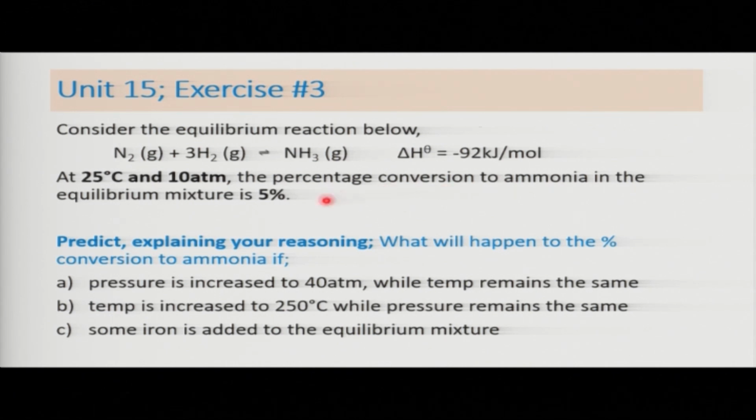So we want to find out, predict and explain your reasoning, what will happen to the percentage conversion of ammonia if pressure is increased as you maintain temperature constant, or if temperature is increased as you maintain pressure constant. And if you add the catalyst, in this case, iron. What will happen? These 3 questions should enlighten you so far on the factors that we have looked at.